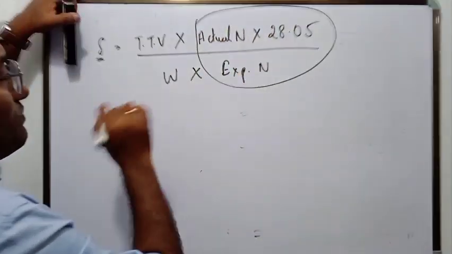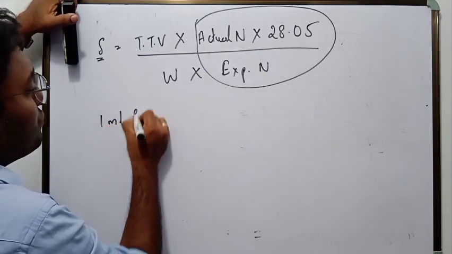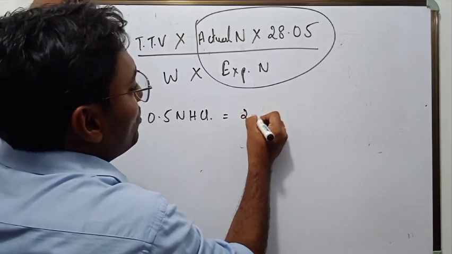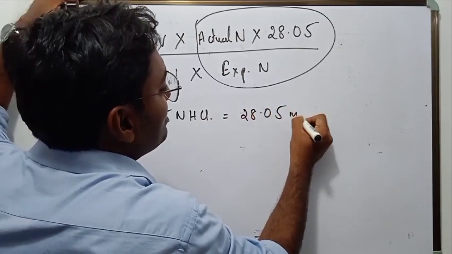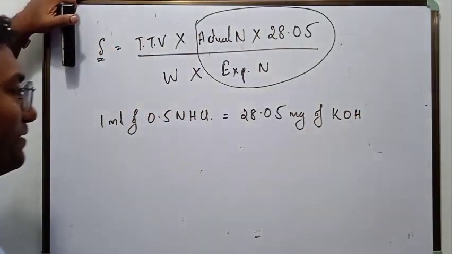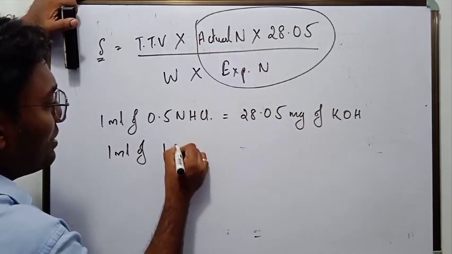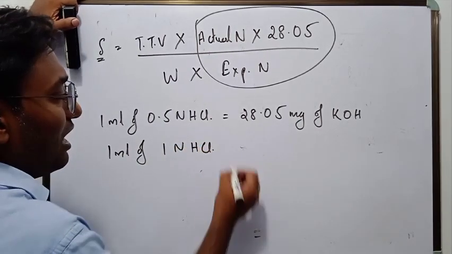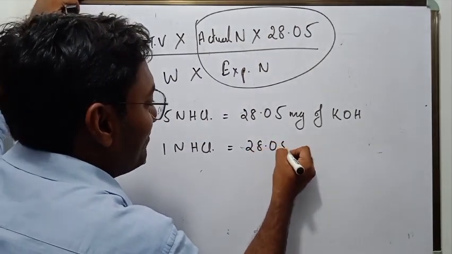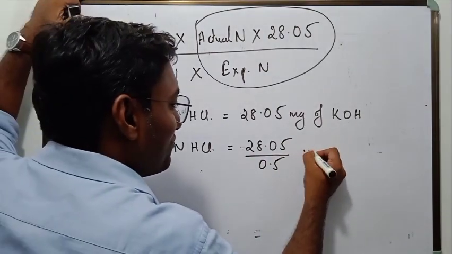See what I told you initially, that 1 ml of 0.5 normal HCl is equal to 28.05 mg of KOH. Didn't I tell you that? So for 1 ml of 1 normal HCl, how much mg will be consumed? Yes, 28.05 divided by 0.5 mg of KOH.